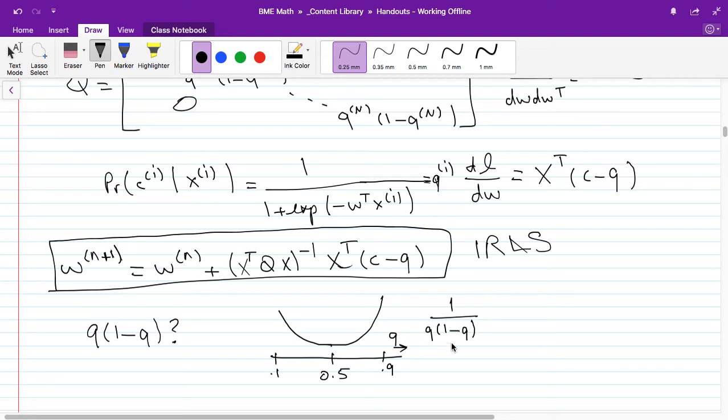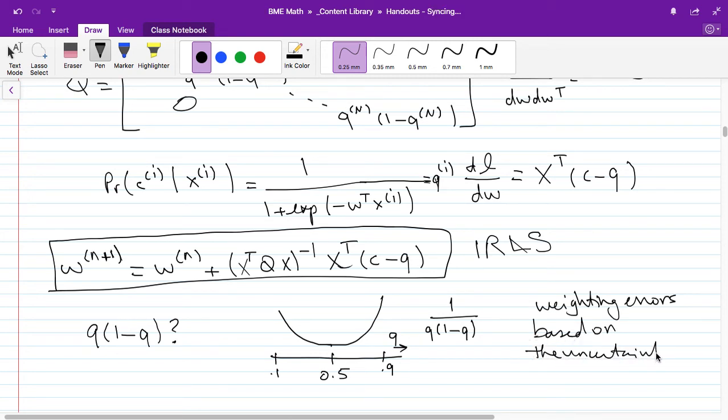There, the learning isn't very high. And then it becomes high again on the other side. So this is basically weighing errors based on the uncertainty of the prediction. Okay, iteratively reweighted least squares.